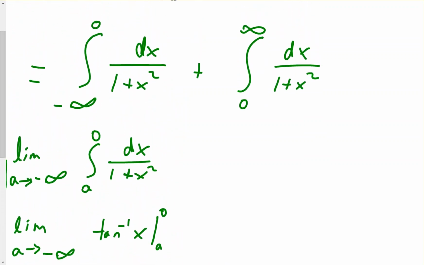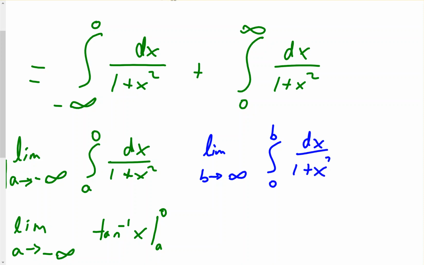Okay, now let's finish off the second part. Same kind of style. I'll introduce the variable b. Limit as b approaches infinity, integral 0 to b, dx over 1 plus x squared.